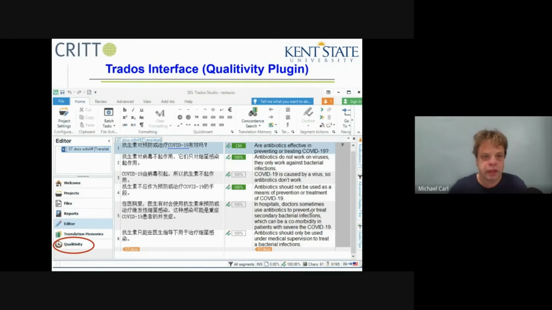Most translators will have worked with this, Trados. I understand that I don't speak to translators here, so you might not be familiar with this tool. On the left side is usually the source side, and on the right side we have the target side.